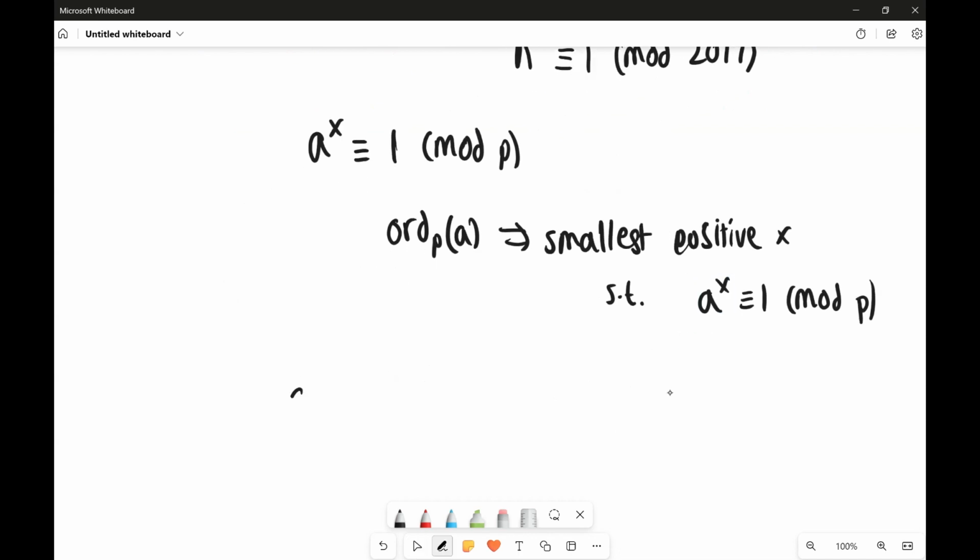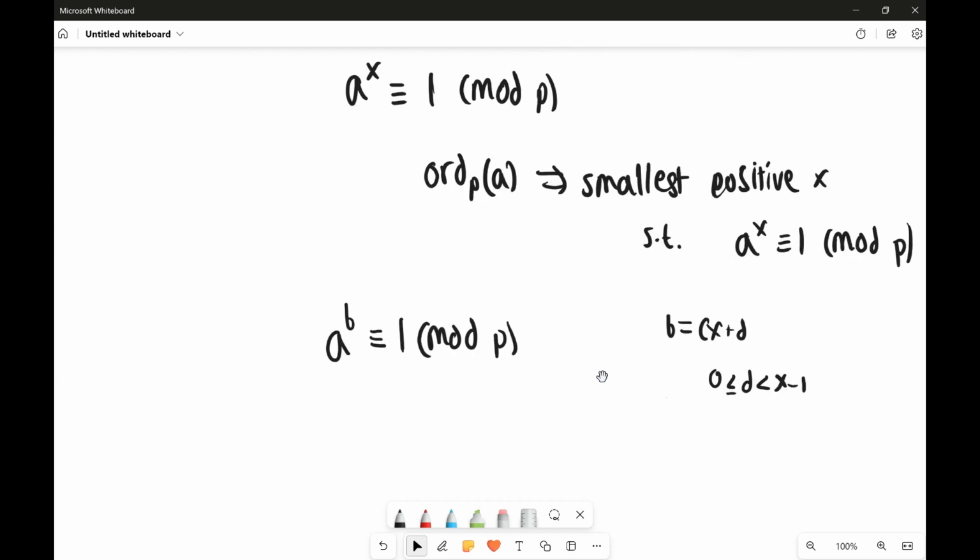For example, suppose that a to the power of b was equivalent to 1 modulo p. Then we can express b equals cx plus d, where c is an integer and 0 is less than or equal to d, which is less than x. So if we plug in that for b, we get a to the cx plus d is equivalent to 1 modulo p.